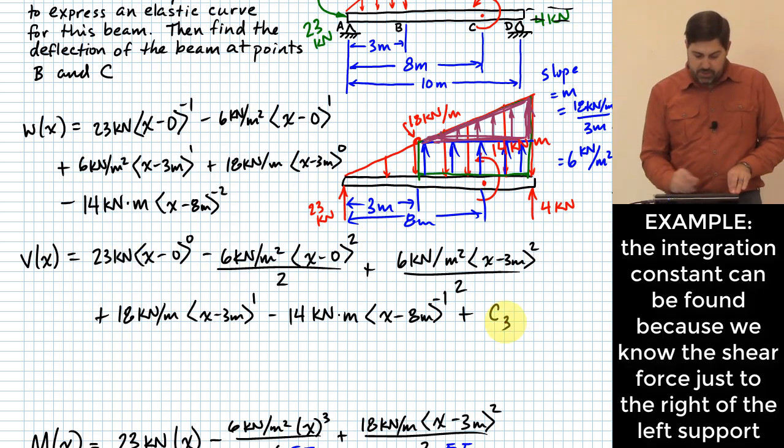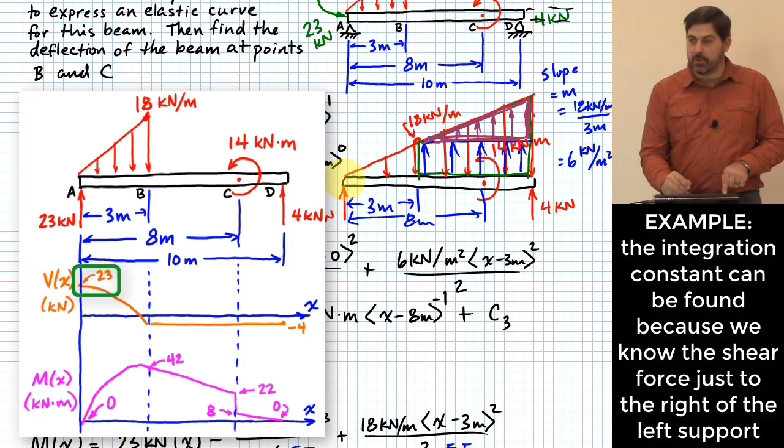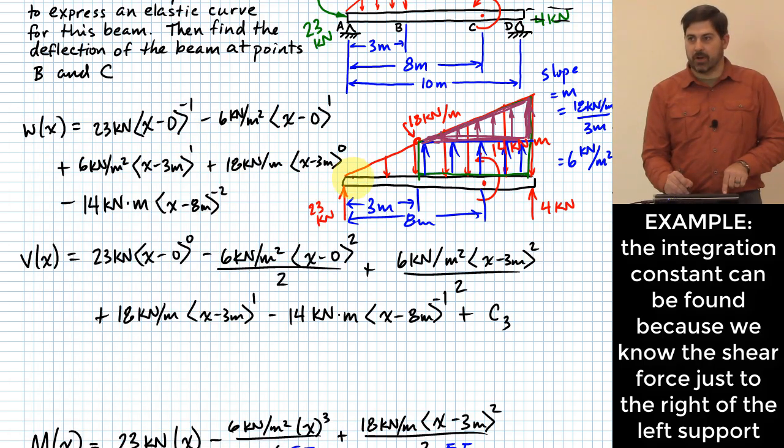What should this function become at x equals 0, or x now barely to the positive from 0, right? What should the value be? 23 kilonewtons, because that's how much we have applied as a reaction force at the end. And there hasn't been enough length to where this distributed load has caused it to be any different, right?